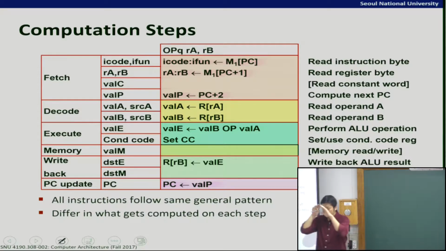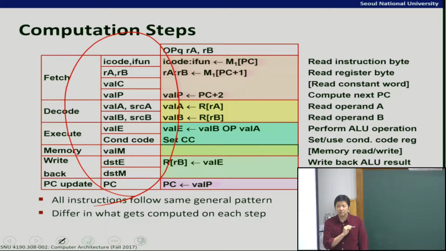So we actually have a very common set of steps, and let's say you take the union, you put them all together, the union of all these steps we have seen. Then this is the union of operations we have seen. But what's happening is, depending on the instruction, we mix and match different sub-steps to execute some instruction. That's what we want to do.